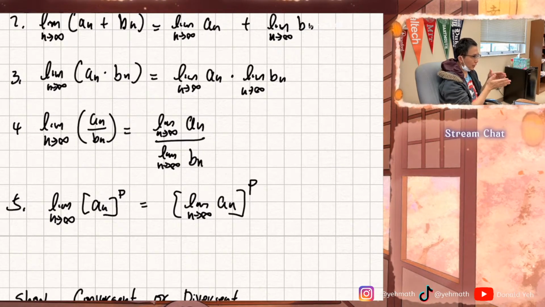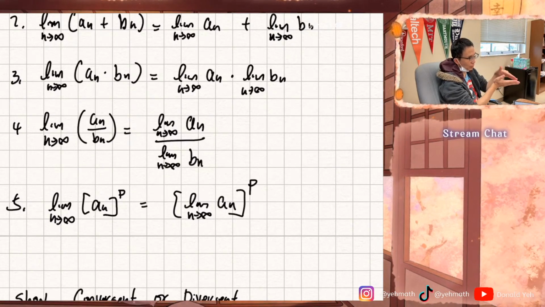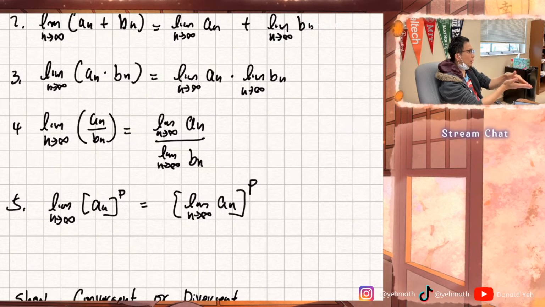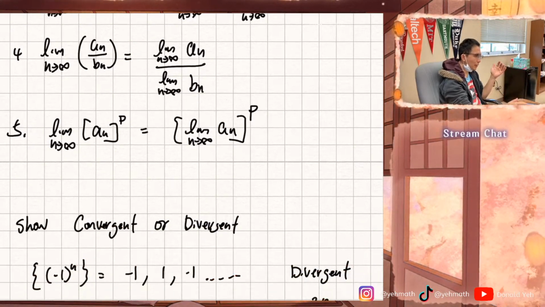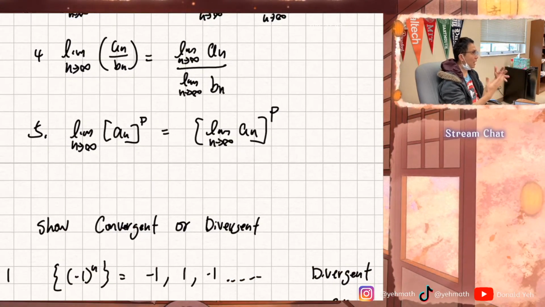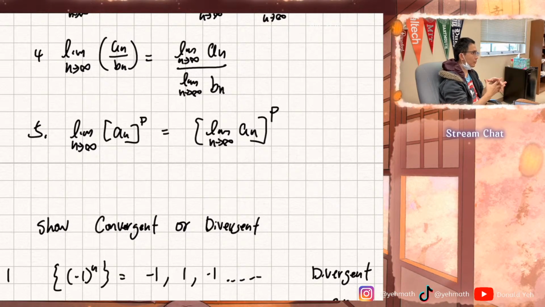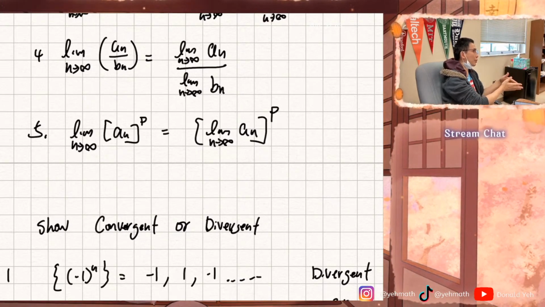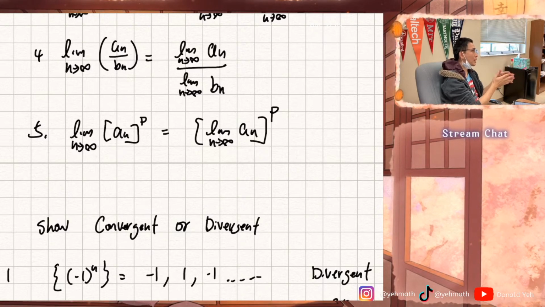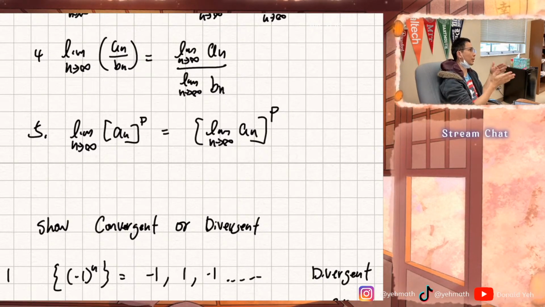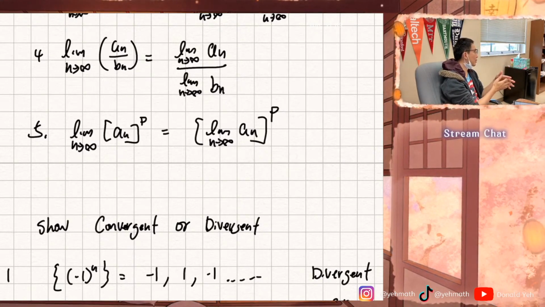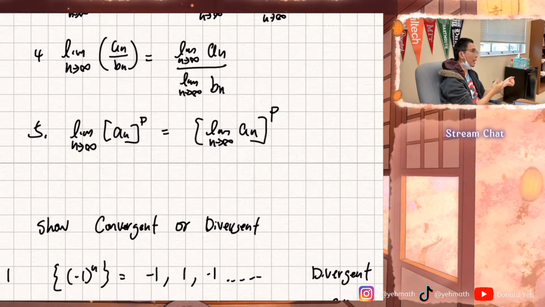It's not certain to converge toward a number for sure. For -1 to the n, in this case, this is divergent, because it's not going to go to the same number for sure. If I say stop right now, it could be 1 or it could be -1.